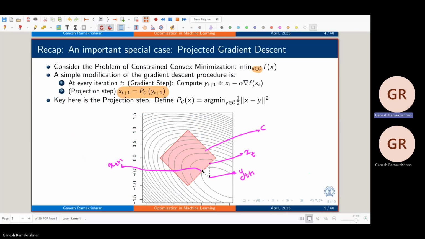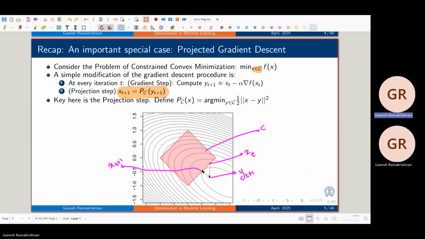Finding the point in the set C which is closest to the unconstrained update Y T plus 1. That gives you X T plus 1, because prox is nothing but X T plus 1 in the case of projected gradient descent.